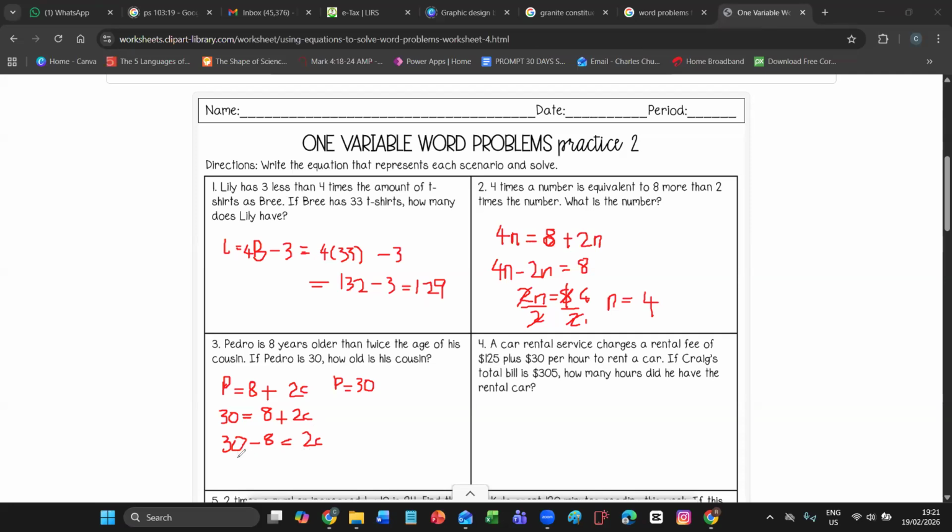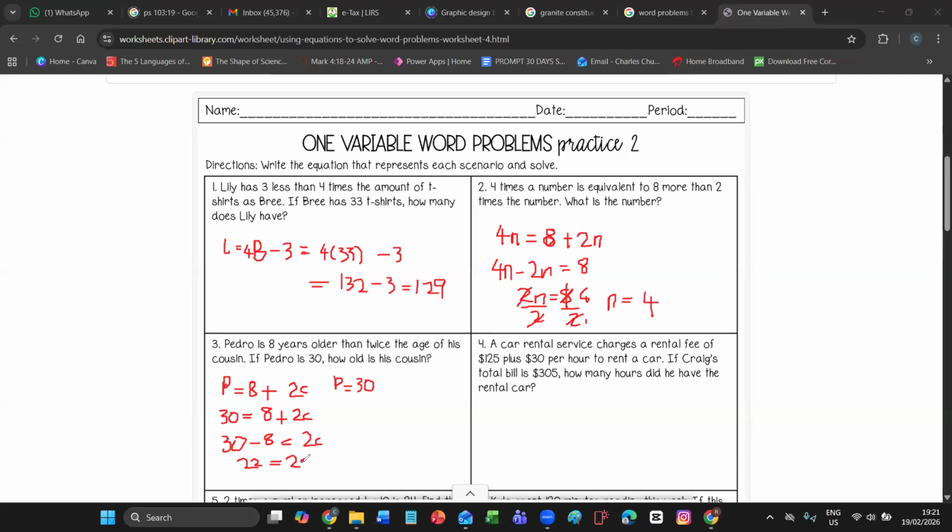So 30 minus 8 is 22. So we have that 22 equals 2c, and so we already know what c is, because 2 times 11 is 22.